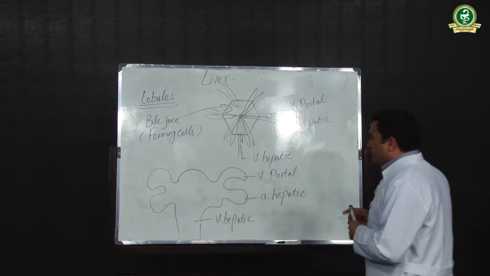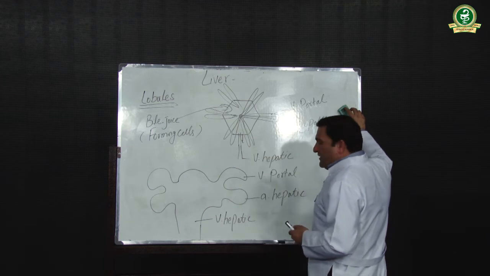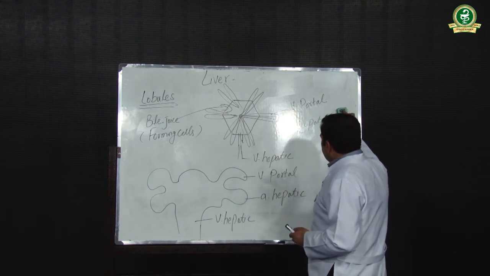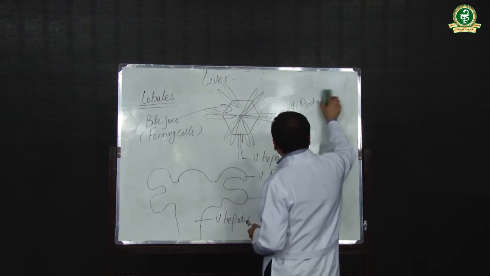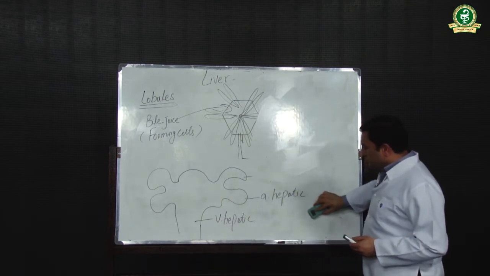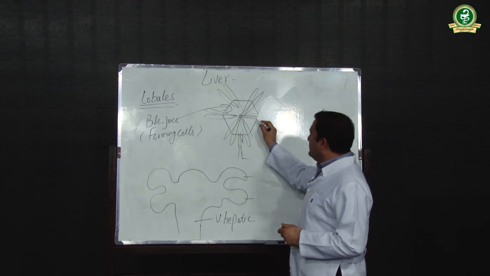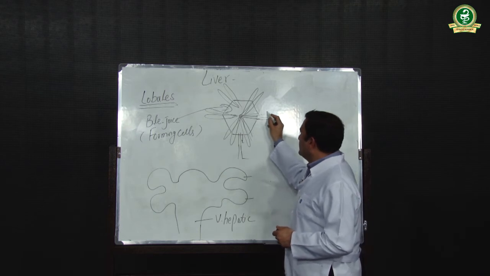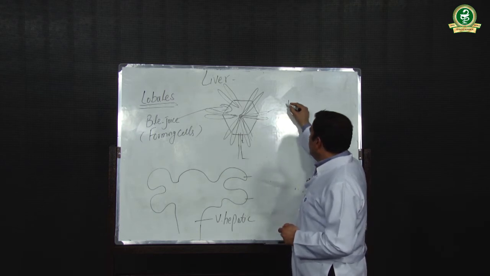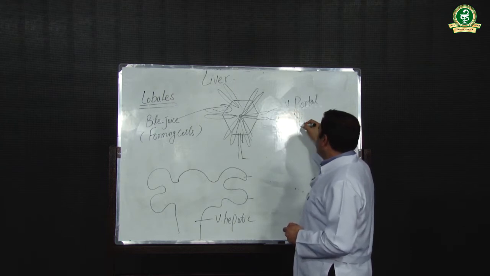Now, how it works in our liver, how it gives blood supply to the liver, and how its drainage system works, then I will show you. You can look again because maybe you will not understand. Portal vein, hepatic artery.